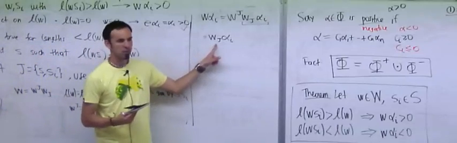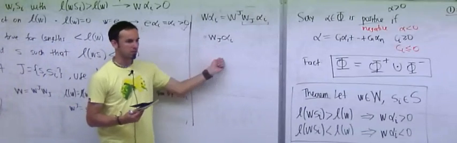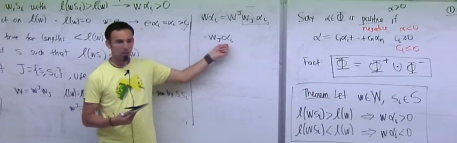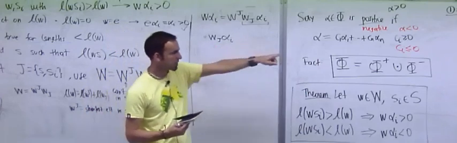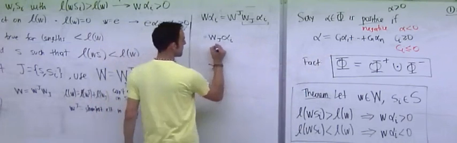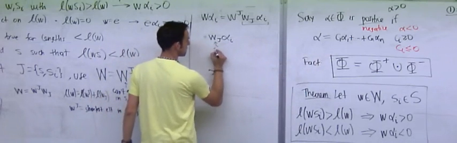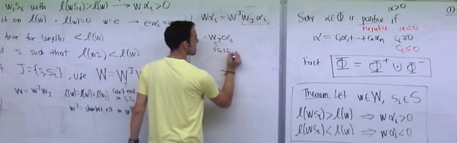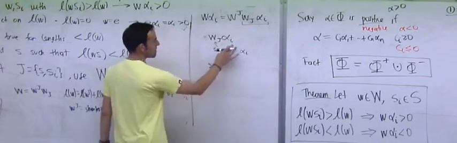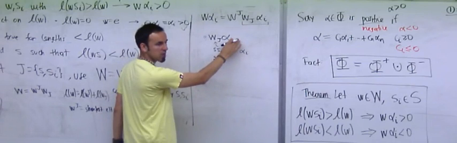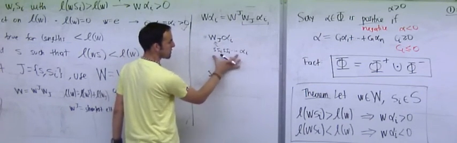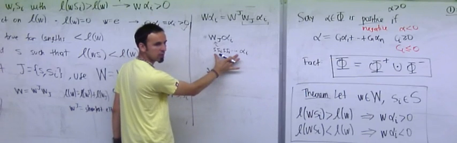So what I have here is something that looks like s s_i, s s_i, s s_i, s s_i, alpha i. And this situation I understand fully well, because that's why I did that warm-up example. Okay, this looks like something like this. And so if I want to figure out whether this is positive or negative, I just have to figure out whether this word ends in s or it ends in s_i.